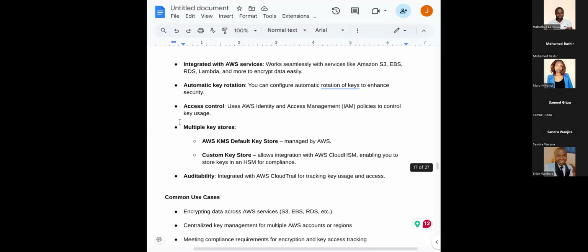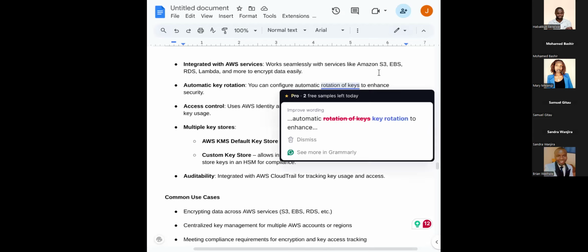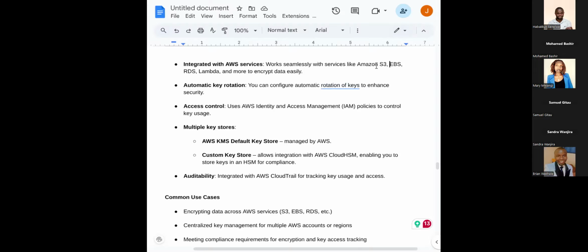Some of its features: it is integrated with other AWS services. So, for example, you have your database and you want to encrypt your data, you can use KMS to encrypt your data. In this case, it can be integrated with S3 and EBS.